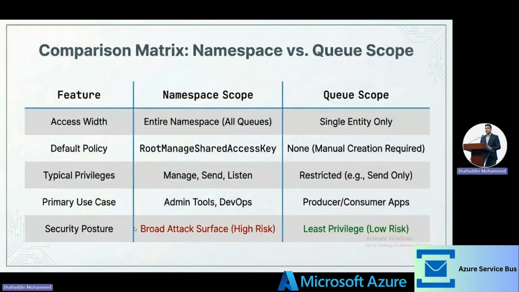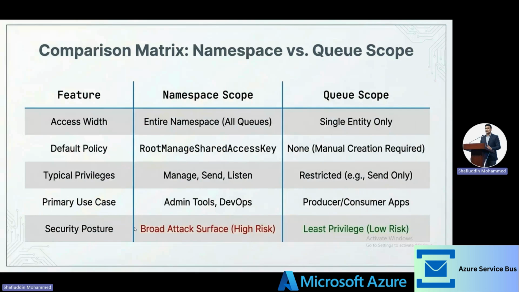In the namespace, by default, whatever has been created has high privileges: manage privileges, send privileges, listen privileges. And we cannot edit what has been created by Microsoft Azure out of the box. The RootManageSharedAccessKey connection string, we cannot edit or modify it.